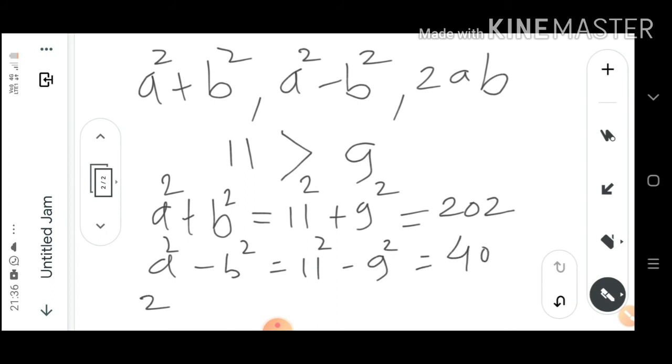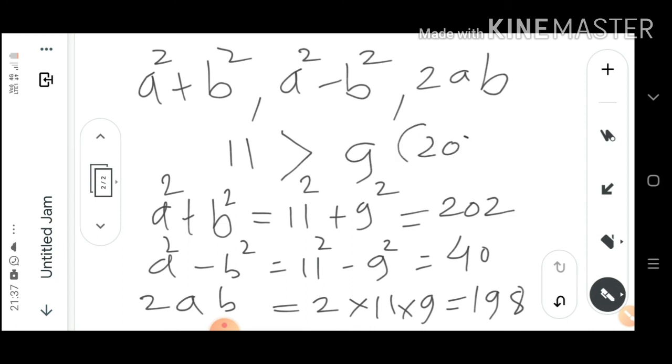And third term is 2AB. That means 2 into 11 into 9. So that will be equal to 198. So according to the formula, our triplet is 202, 40 and 198.